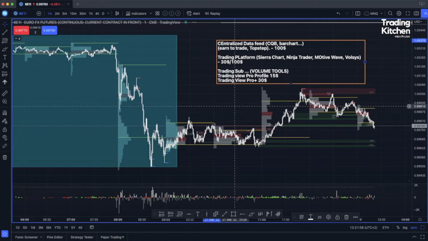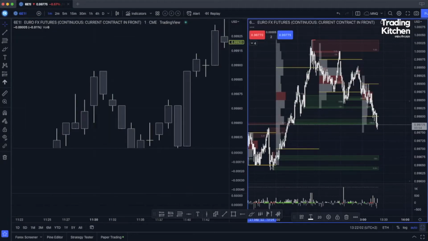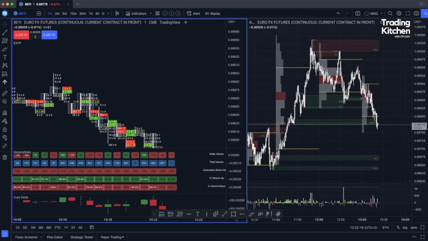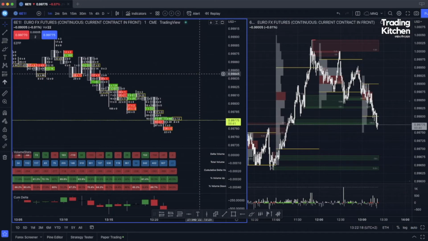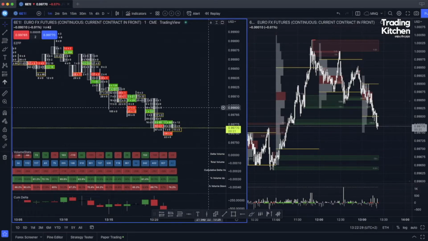So what about TradingView? This is what I see with the Pro subscription, and as you can see, I have two templates. The first one is for scalping, in which we have the footprint chart, and two indicators that I want to display to you right now.